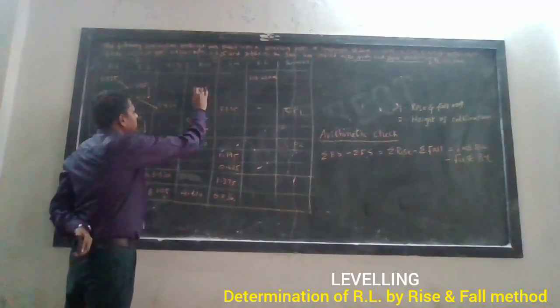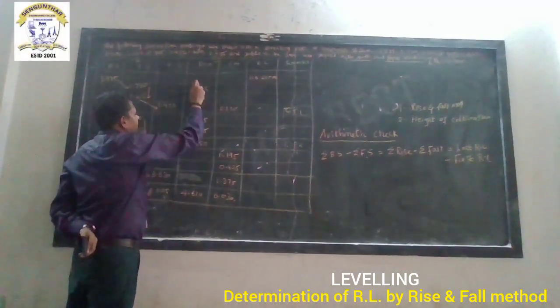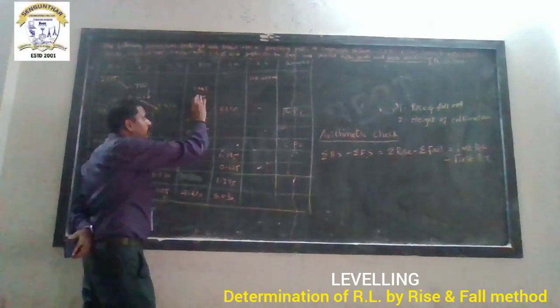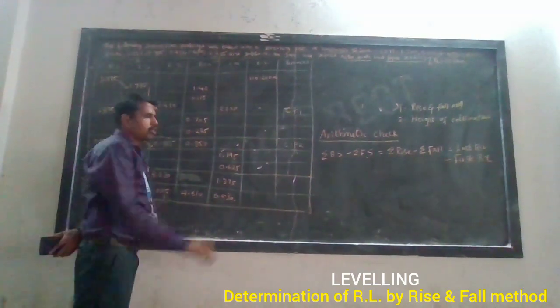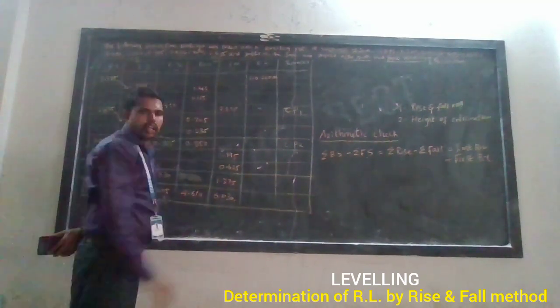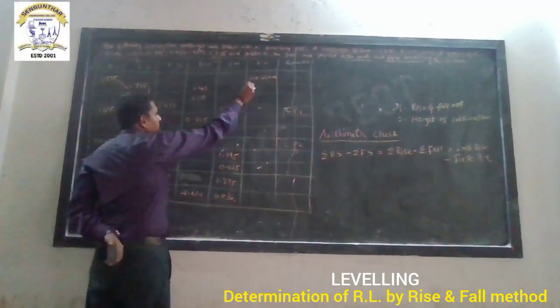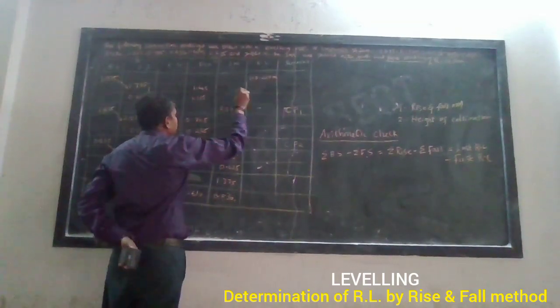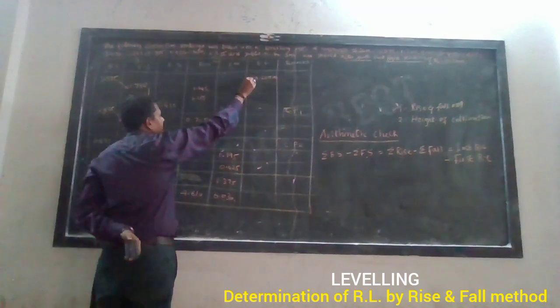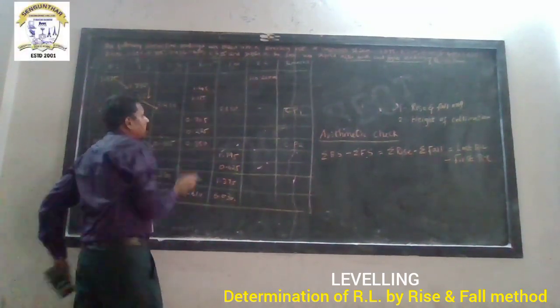Right, and see the next value. The next value which is in the rise column, you should add to the RL. Suppose the value is in the fall column, you just subtract the value to find the RL. So this is the procedure. See, the first RL is 110.200. The next value comes under the rise category. That's why I add these two values.